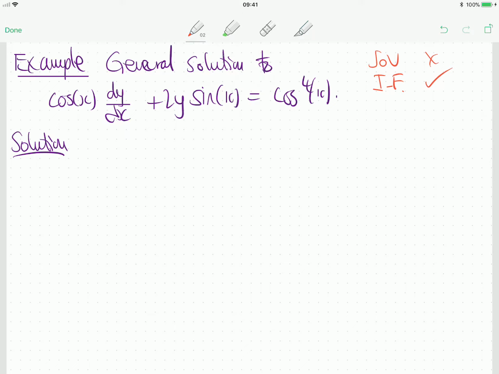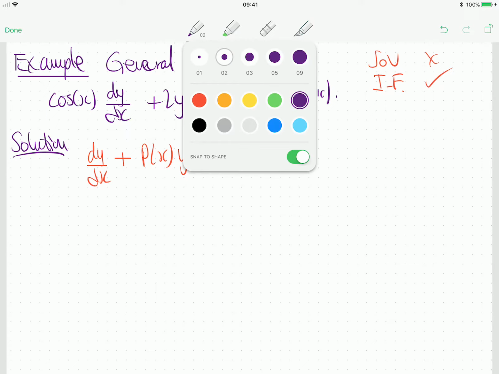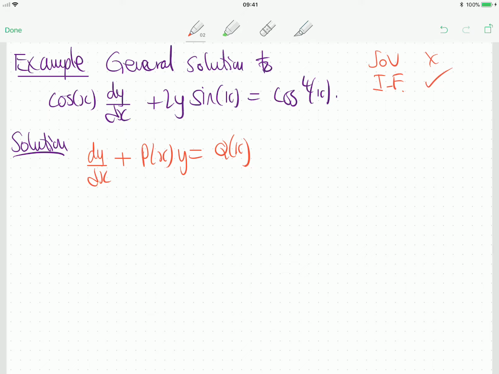So the general form for integrating factors is dy/dx plus p of x times y equals q of x. You should know that off the top of your head if you're good at solving these problems. So what do we have? Are we close to this? No, because we don't have dy/dx on its own. We have a cos in front of it, so we're going to have to divide that out.